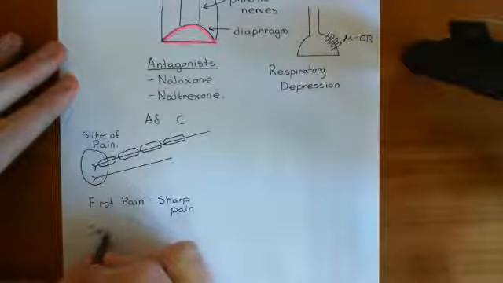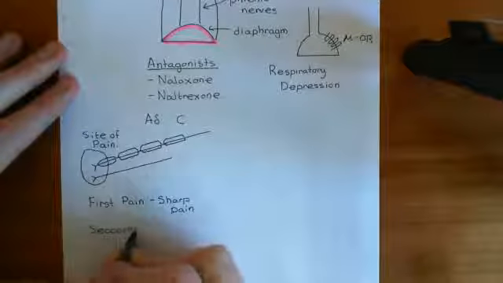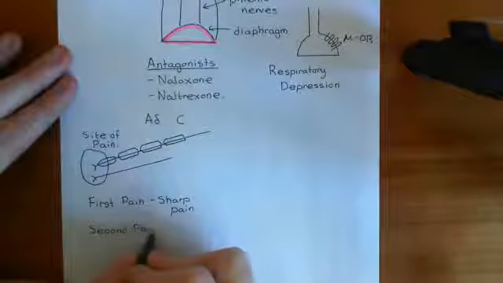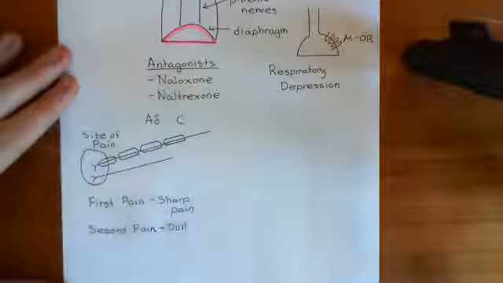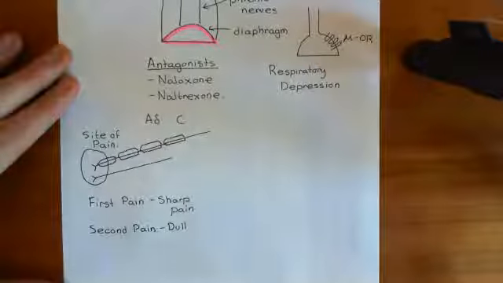Then we have secondary pain, or second pain, and this is much duller. This is the achy, often burning pain that lasts for a much longer time, far beyond the original damage that you did.